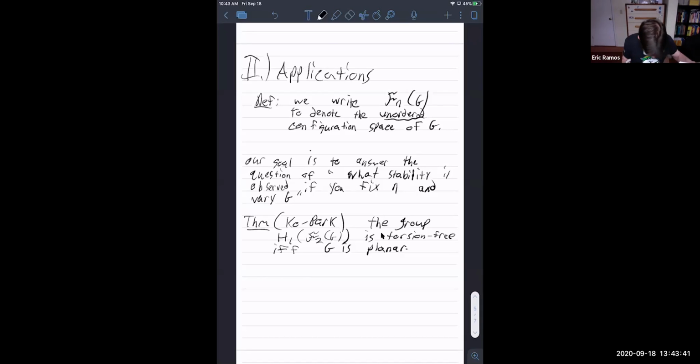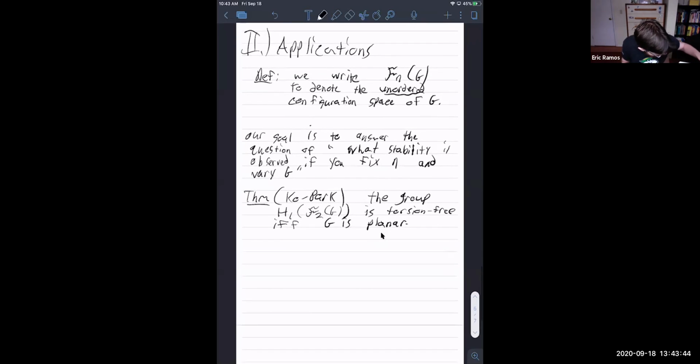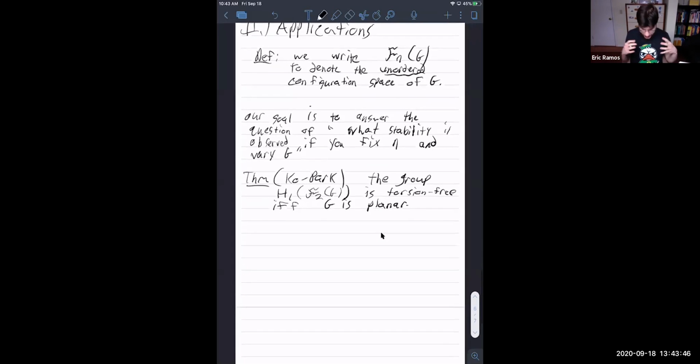Just as Kuratowski-Wagner was a special case of the graph minor theorem, I'm going to claim that this is a consequence of the categorical graph minor theorem. The theorem, due to Miyata, Proudfoot and myself: let me start from the beginning here.